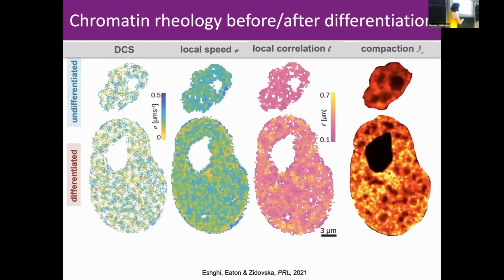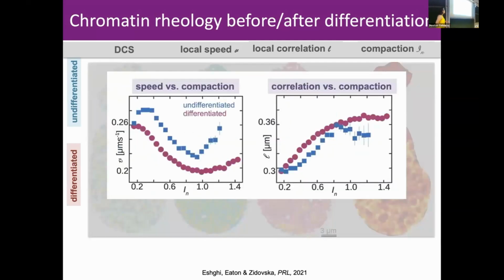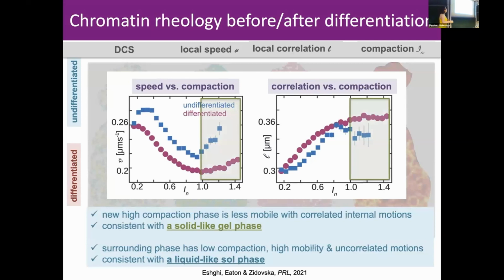To bring the full picture together, you can already see the connection of these yellow islands across the different measurements. As the density increases, these more dense yellow islands are where we see the velocity go down and the correlation go up.